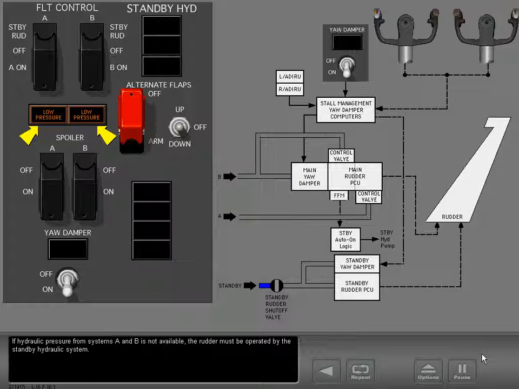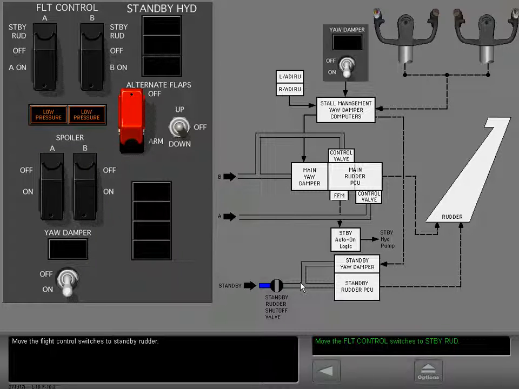If hydraulic pressure from systems A and B is not available, the rudder must be operated by the standby hydraulic system. Move the flight control switches to standby rudder.